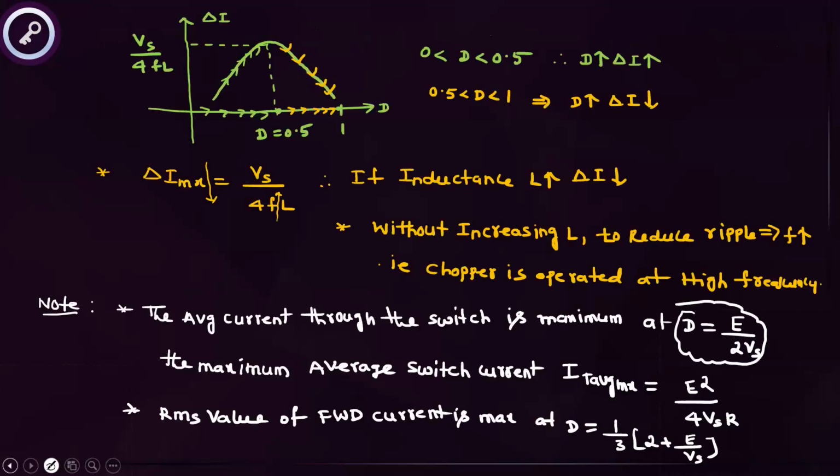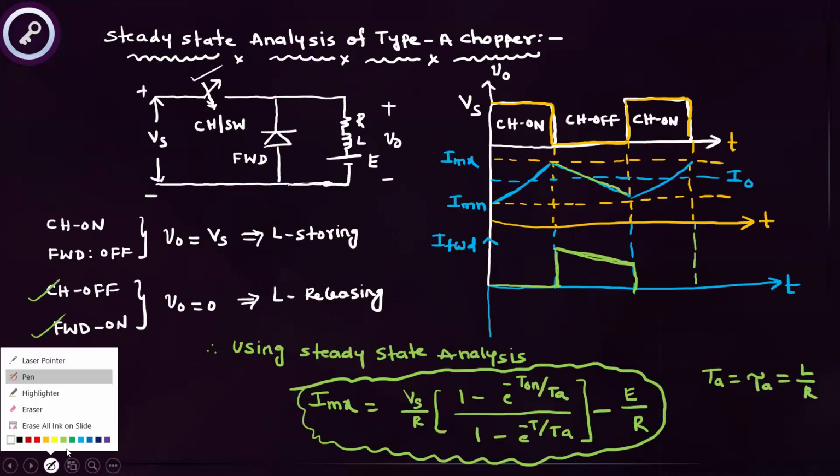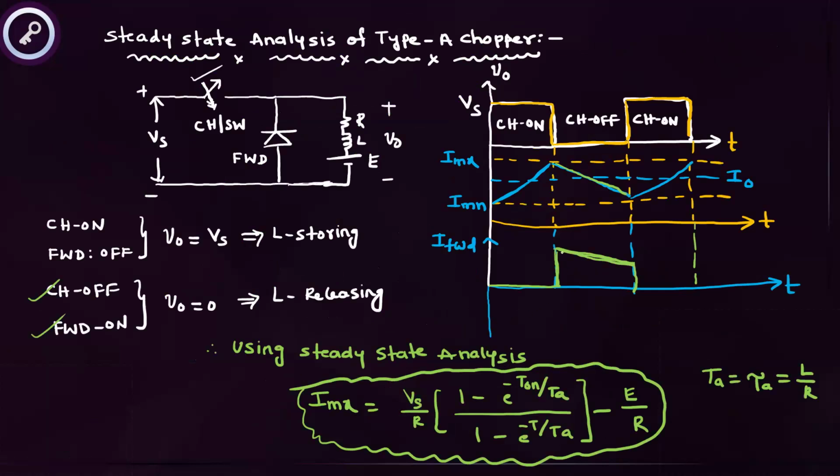Can anybody tell what is the shape of the freewheeling diode current waveform? Even this point is applicable for the buck regulator also.